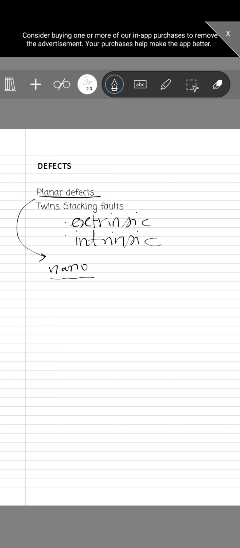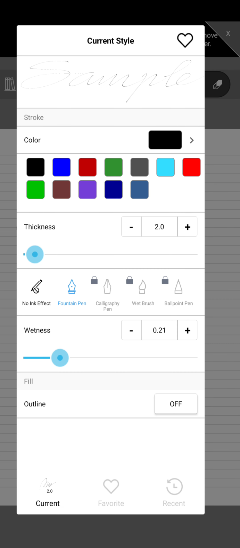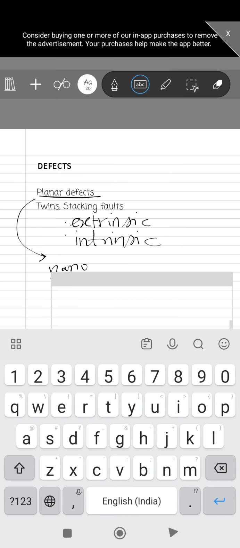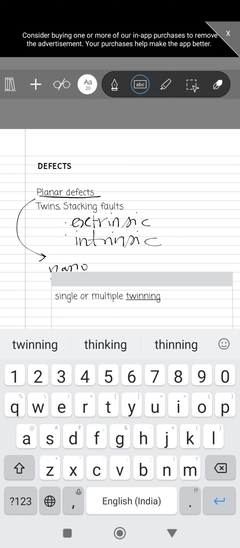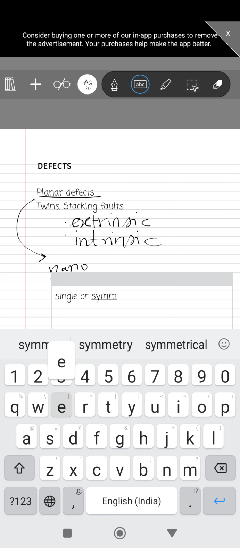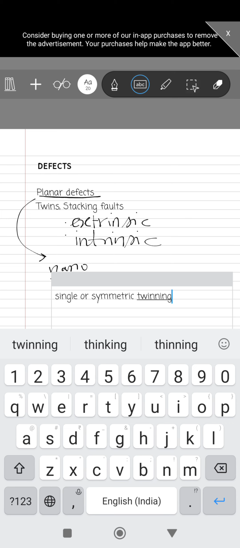So in the nano regime, we can see that the material has single or, sorry, not multiple, symmetric twinning, as well as five-fold symmetric twinning.